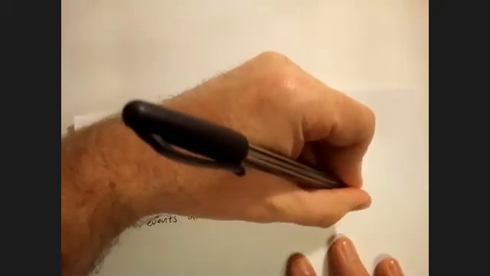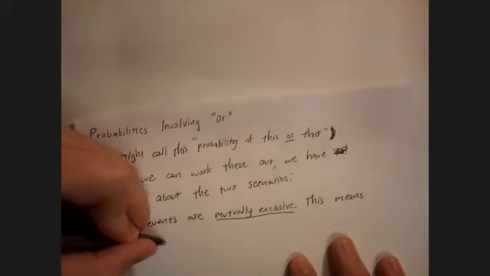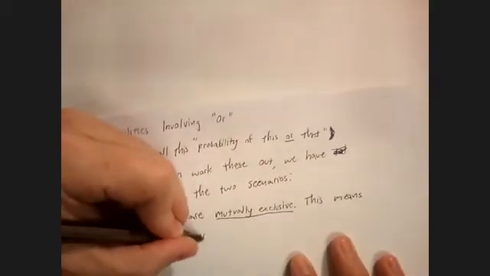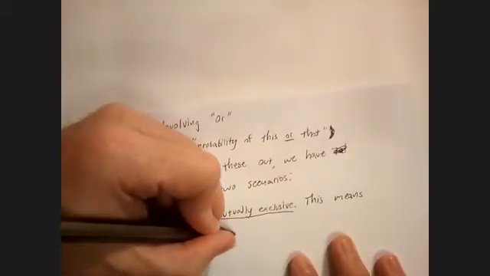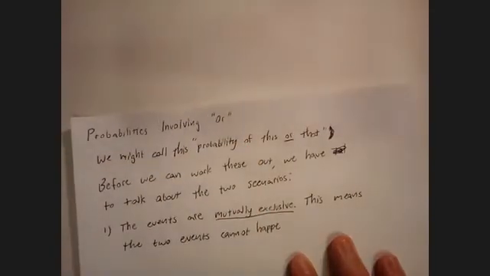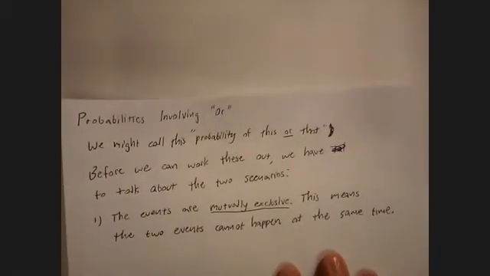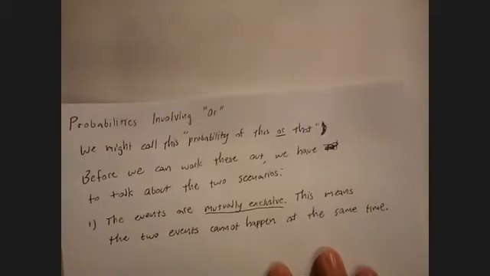This means the two events cannot happen at the same time. The book says it is impossible for these two events to happen at the same time.